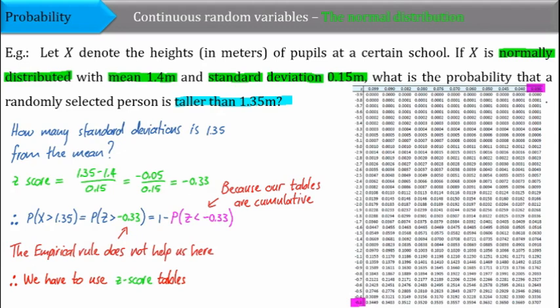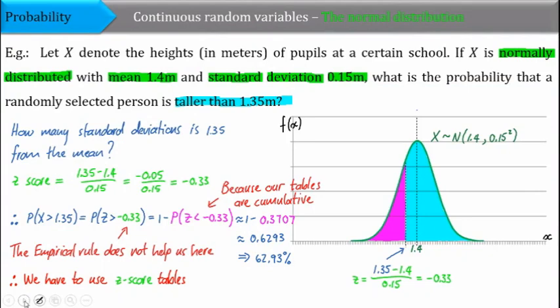So here we have negative 0.3, here we have 0.03, and where it intersects, we have 0.3707. So that means 1 minus 0.3707 will give us 0.6293 or 62.93%. I'm saying approximately here because this negative 0.33 is rounded to 2 decimal places.